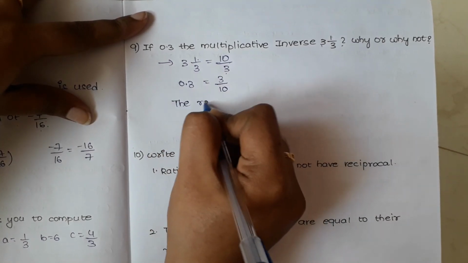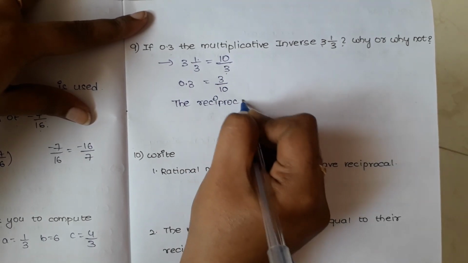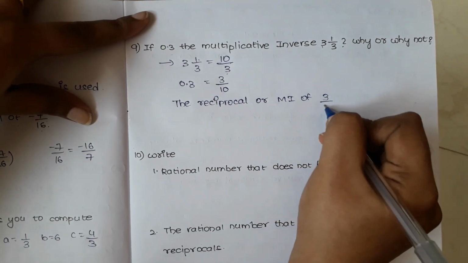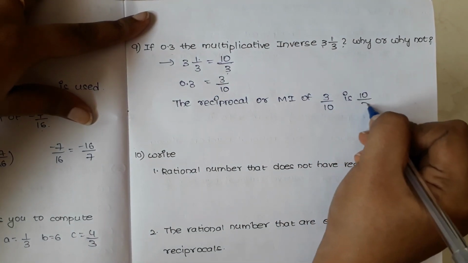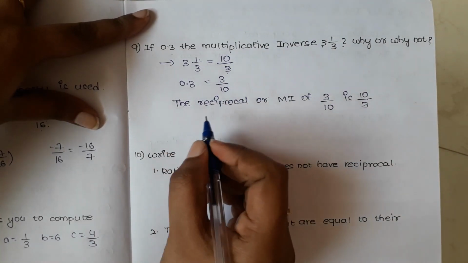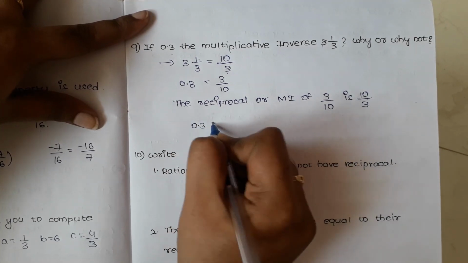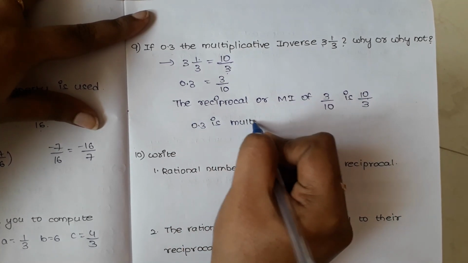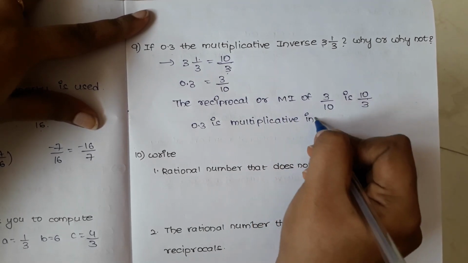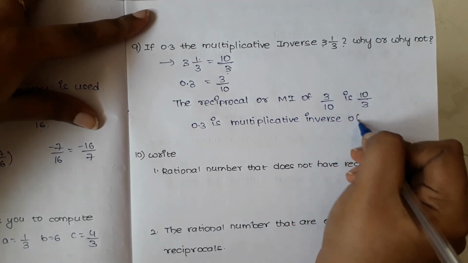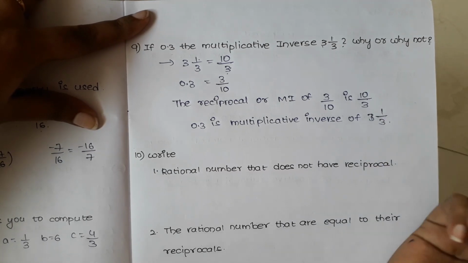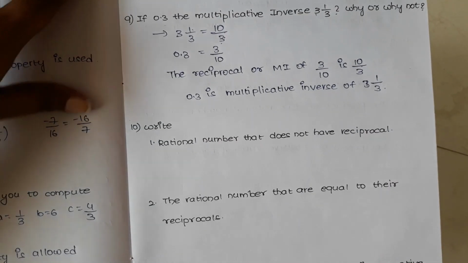The reciprocal or multiplicative inverse of 3 by 10 is 10 by 3, so both are equal. Therefore 0.3 is the multiplicative inverse of 3 1 by 3. That's about the 9th problem.